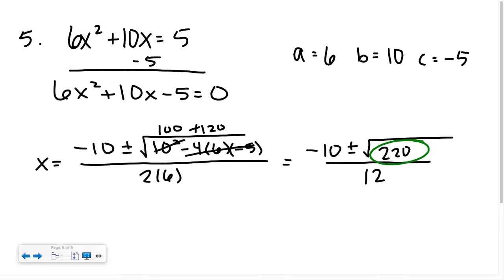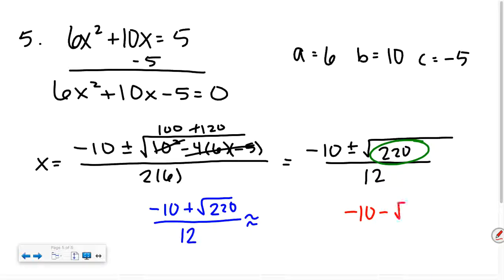220, is that going to come out as a nice square? No, it's not a perfect square. So then you're going to need to use your calculator and take negative 10 plus the square root of 220 divided by 12. And then negative 10 minus the square root of 220 divided by 12.